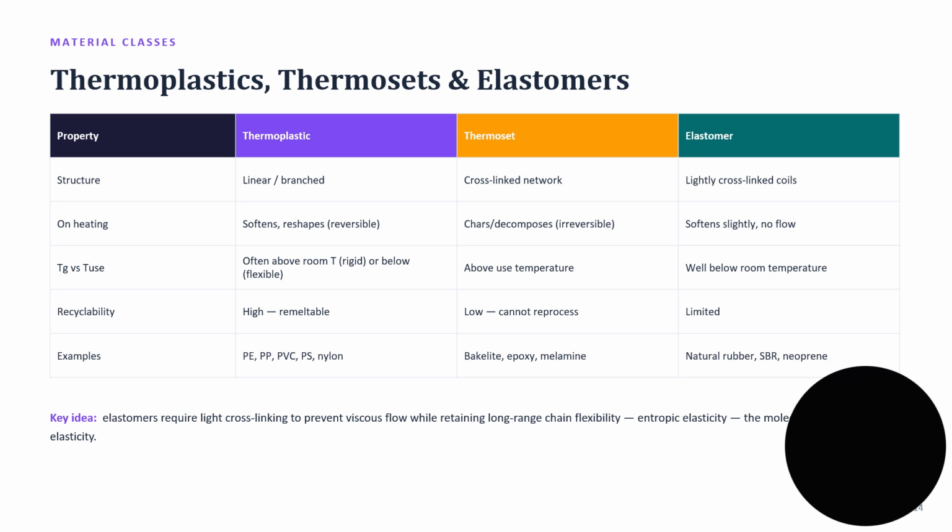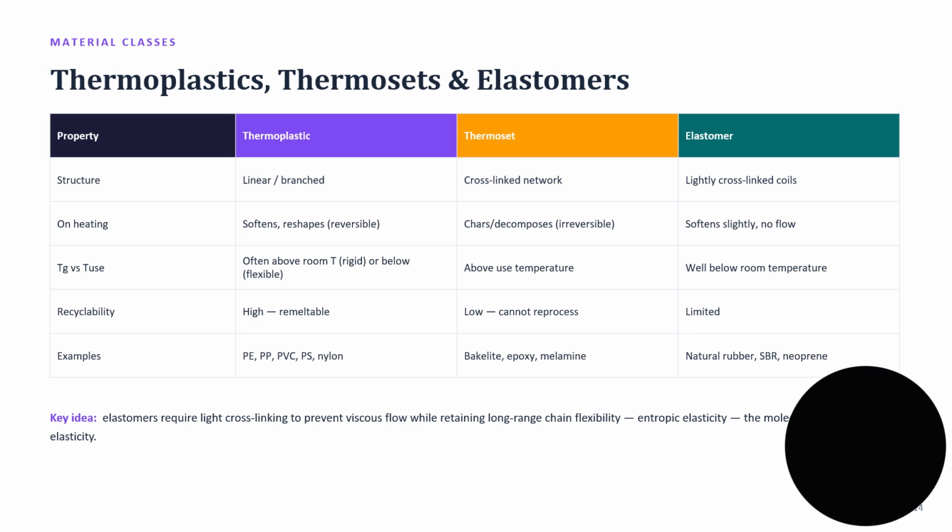On heating, they soften and can be reshaped. This is a reversible physical process, which is exactly why thermoplastics can be recycled by remelting. Common examples are polythene, polypropylene, PVC, polystyrene, nylon.